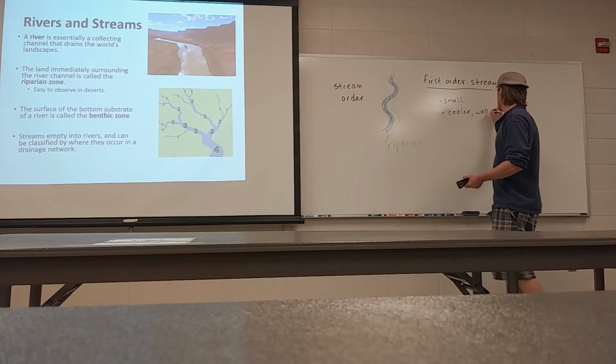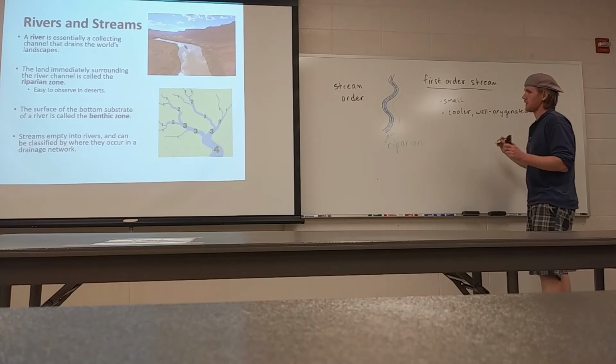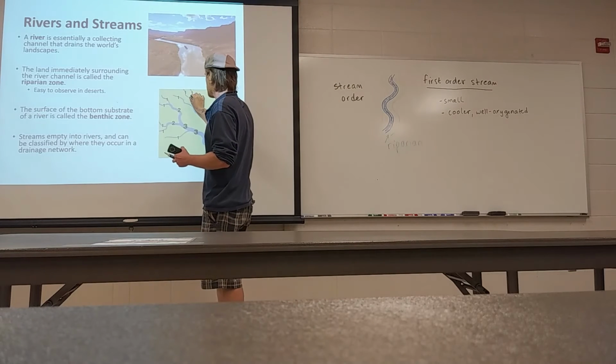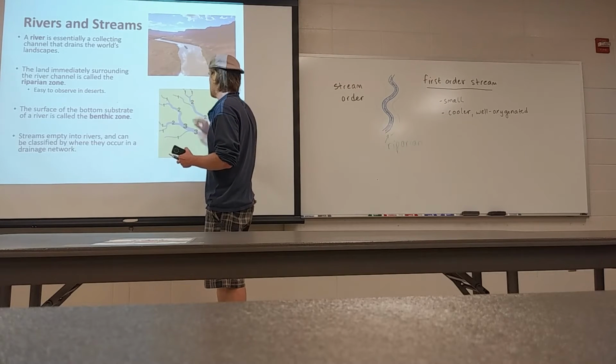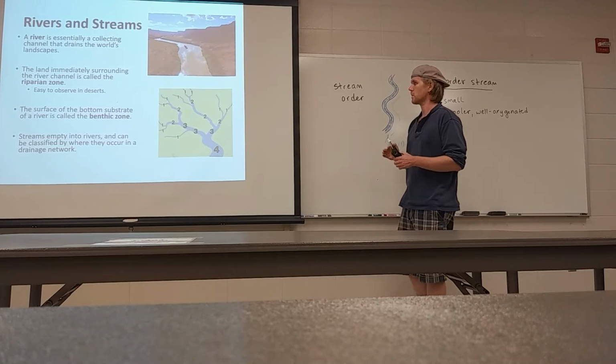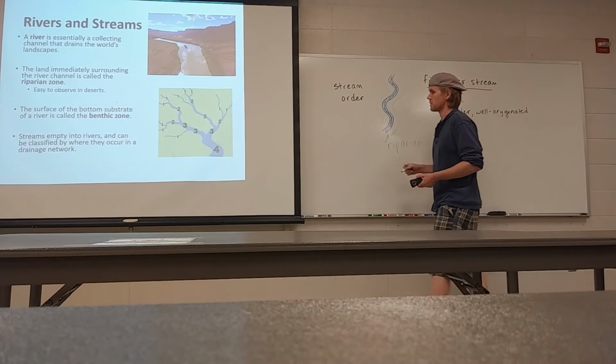Because they're cooler, they tend to have higher amounts of oxygen, which we'll talk about in a little bit. But ultimately, first order streams will meet and empty into a second order stream, which tends to be larger, wider, deeper than a first order stream.